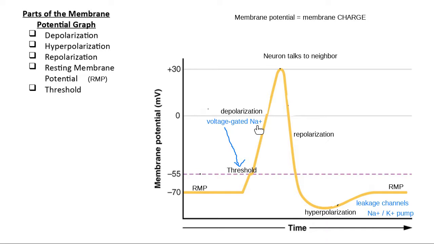To get to -55, to get to threshold, I have to use a type of channel called chemically gated sodium channels. What causes this kind of channel to open? What opens a chemically gated sodium channel?